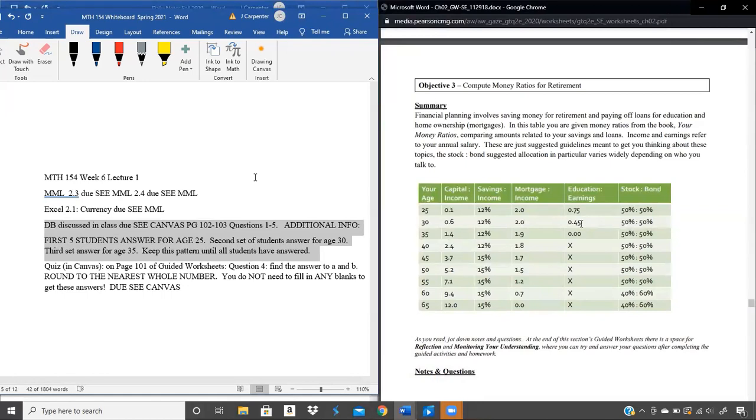And then by 30, you could only have $45,000. And then by 35, it's zero, which means you should pay off all your school debt by the time you're 35. Now, in reality, I know most people can't do that. We're not saying this is the absolute end all be all, but this is what we try to mimic. At least that's the idea. All these X's afterwards, that means it's still just zero. You're not going to go back to school and acquire more debt. Again, just under a normal circumstance.